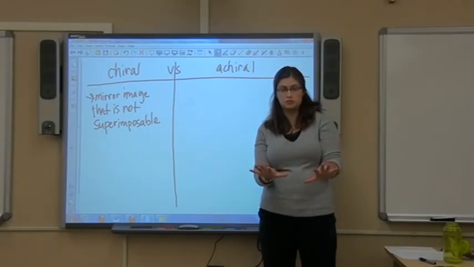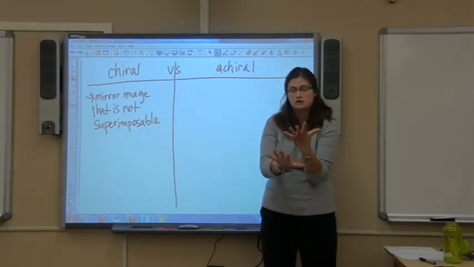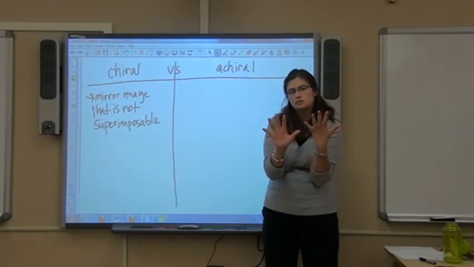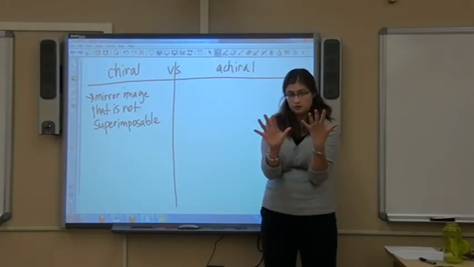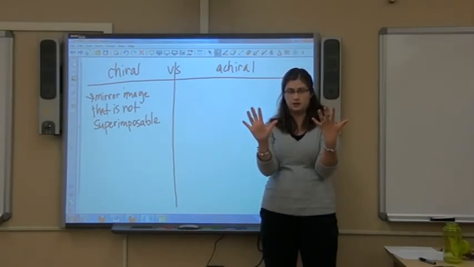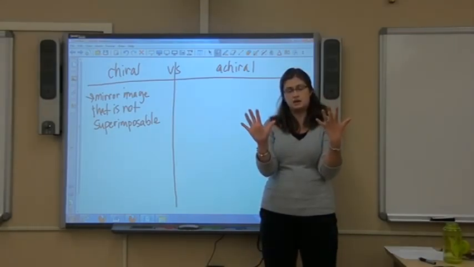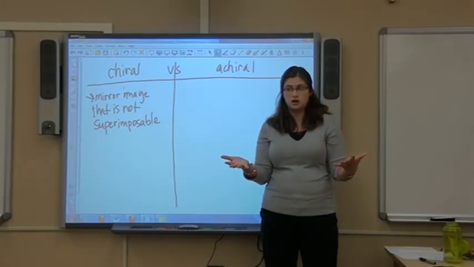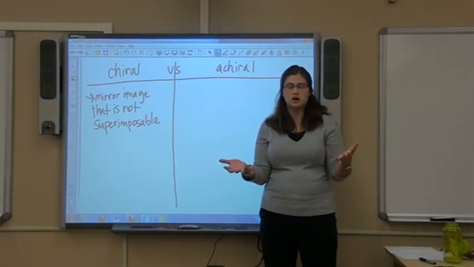There's no way to superimpose your left hand on your right hand. You can try to go like this, but you're not looking at the same side of the molecule. You're looking at the palm of my right hand and the back of my left hand. So hands are a good description of 2 mirror images that are not superimposable.